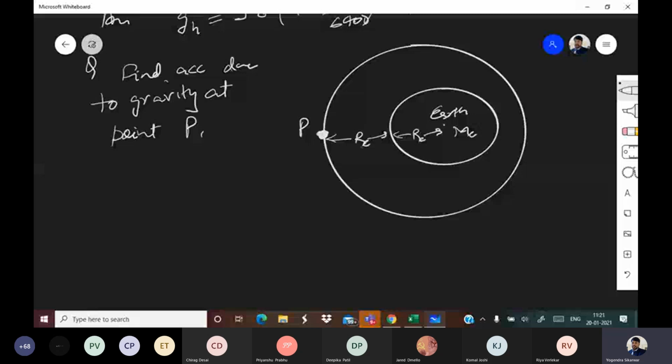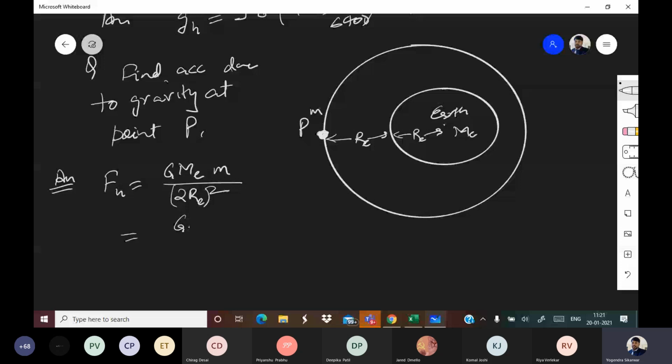So first of all, force at height will be how much? That will be G M_E M upon 4 R_E squared, considering the mass of the particle is M at a distance 2 R_E, whole square.